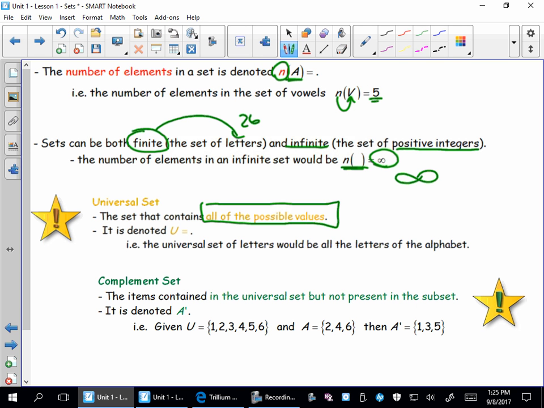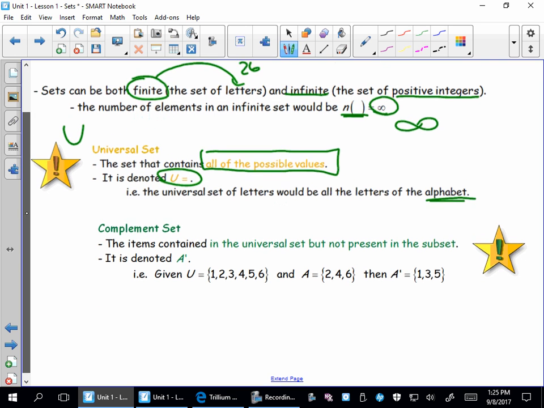Okay, but our universal sets are our starting point. We usually use the letter U to signify that. Now be careful, there's U's, and then there's the union, right? They're kind of like the same, so you got to look at your context to figure out what you're talking about. If we were talking about letters, the universal set would be the alphabet. From that, we could take vowels or consonants or things like that.